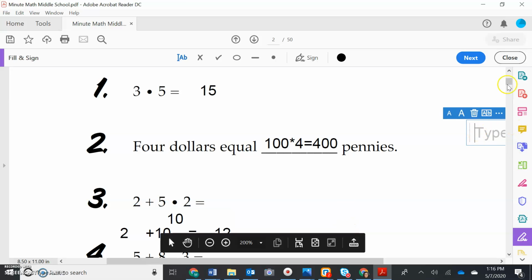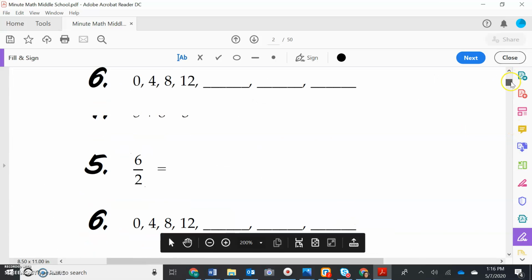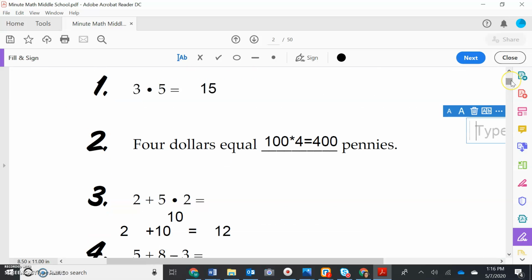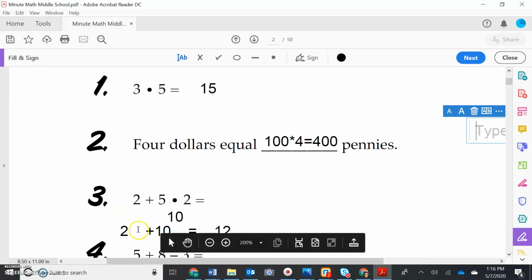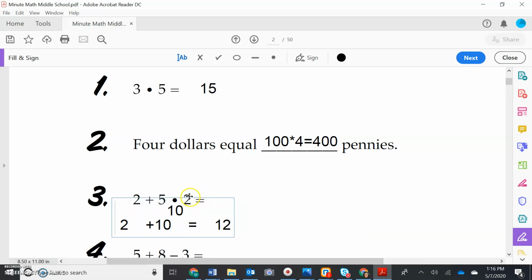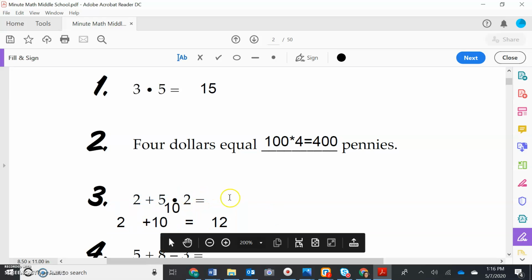Okay, good. So if you got your answer 12 there, you got that right. 5 times 2 was 10, and then 2 plus 10 is 12 for number 3.